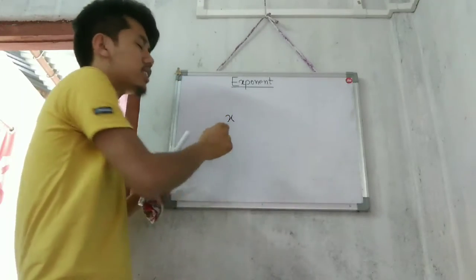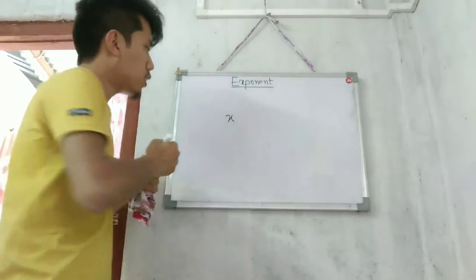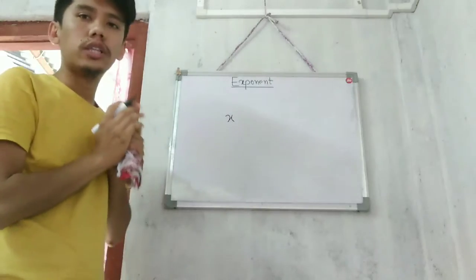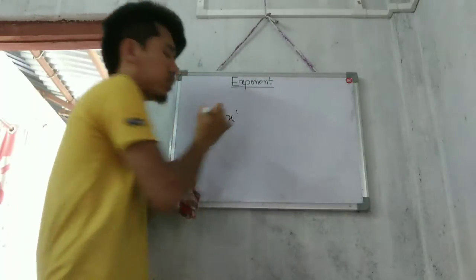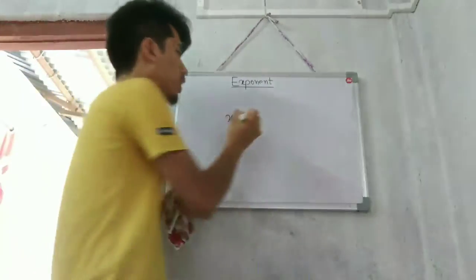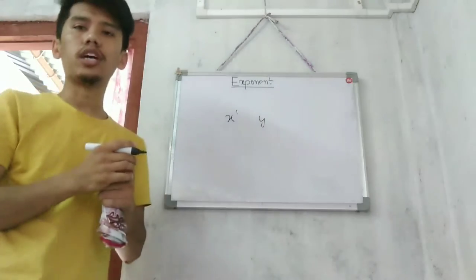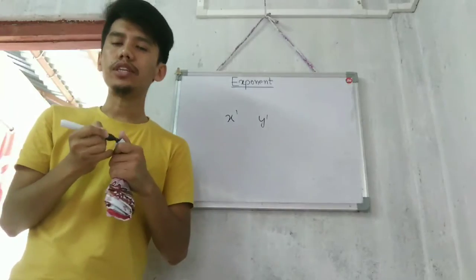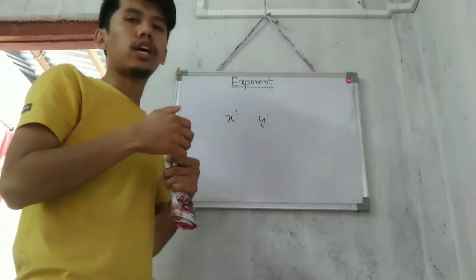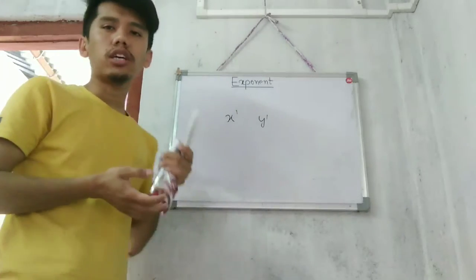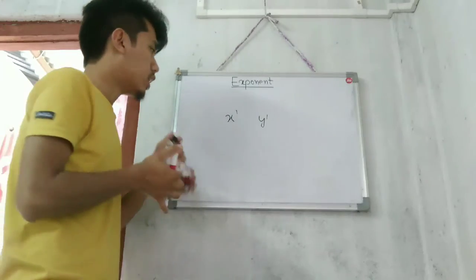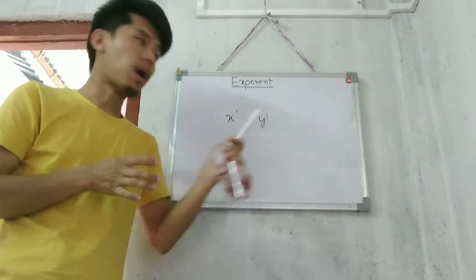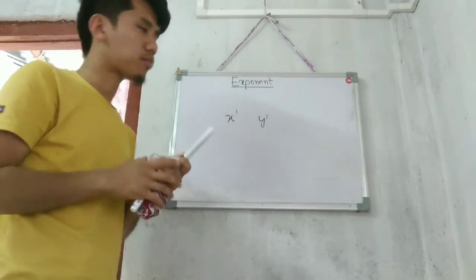In the case of x, as there is no power mentioned, the power is 1 here. Similarly, if I say y, that means y to the power 1. If you have any variable and no power is mentioned, we have to understand that the power is 1.